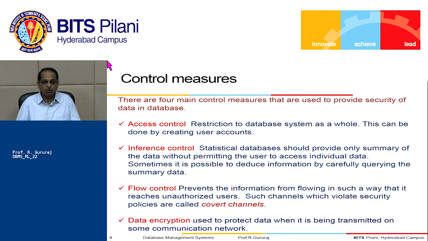Next, inference control. In statistical databases, where we store the statistics related to a huge demography, we should provide only a summary of the data without permitting the users to access individual data. Suppose you take the example of storing health related records of users, or income related data.